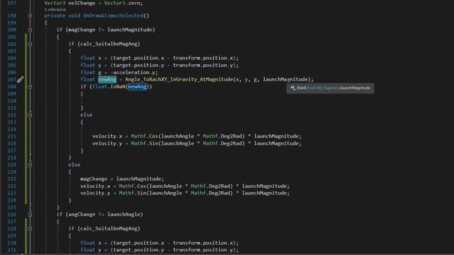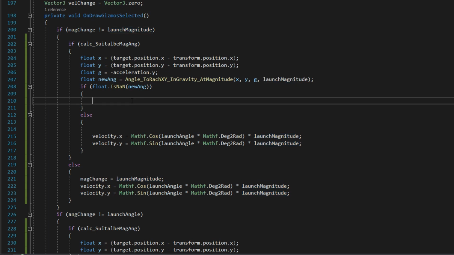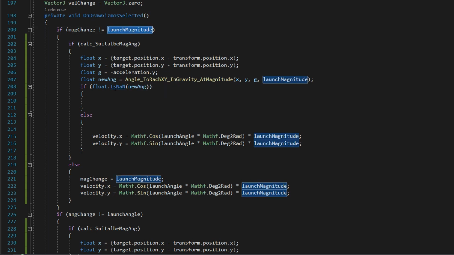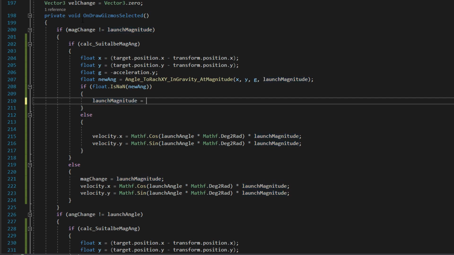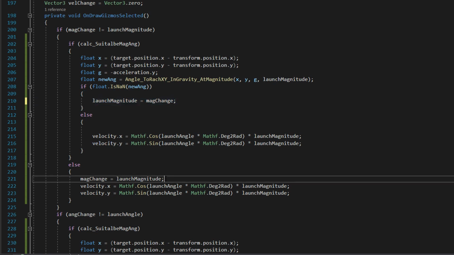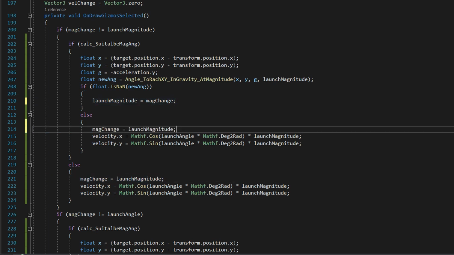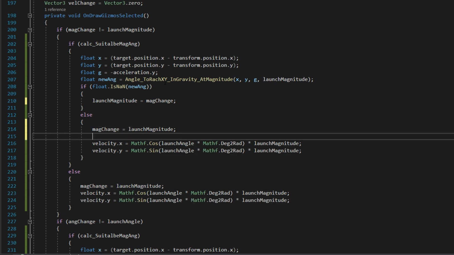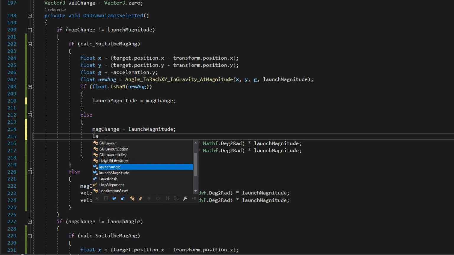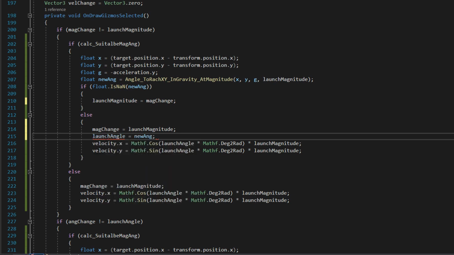Here's the new angle we have calculated, and if the calculation was not successful, we will reverse the change. So launch magnitude will be the old value, and if that is not the case, we will happily change it to the new value, and we will change the launch angle to the value that we have calculated, and also we're gonna change the velocity accordingly.